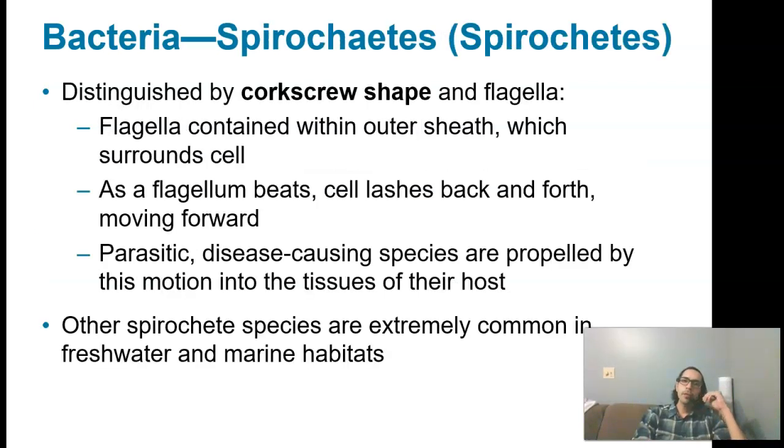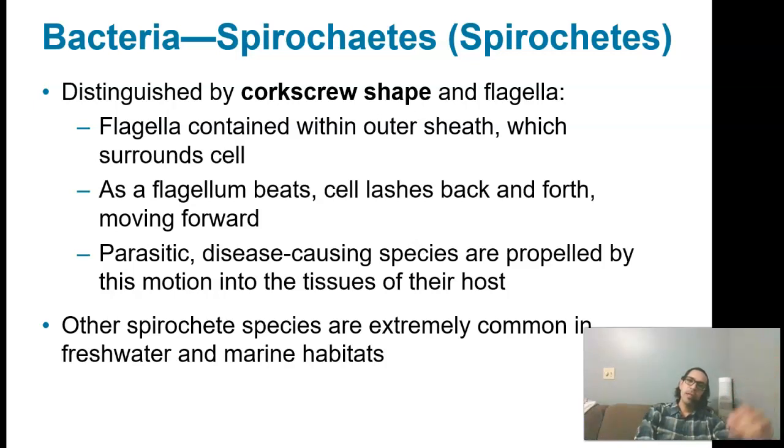And then finally, we have the Spirochetes. These are distinguished by the corkscrew shape and flagella. The flagella is contained within the outer sheath, which surrounds the cell, and it beats back and forth, which is what they use for locomotion.